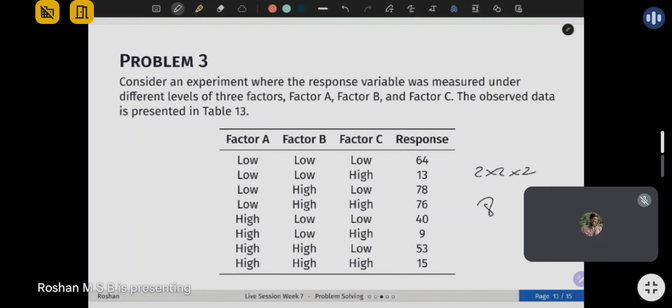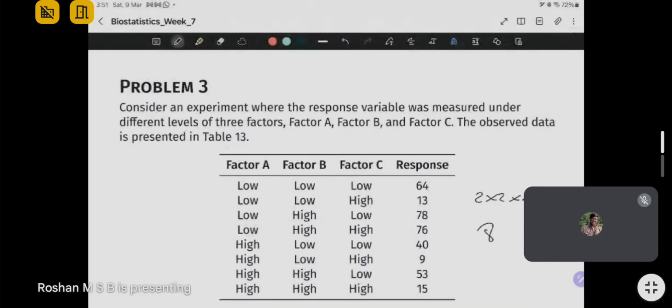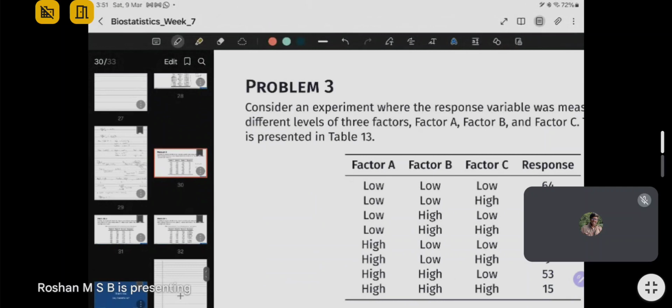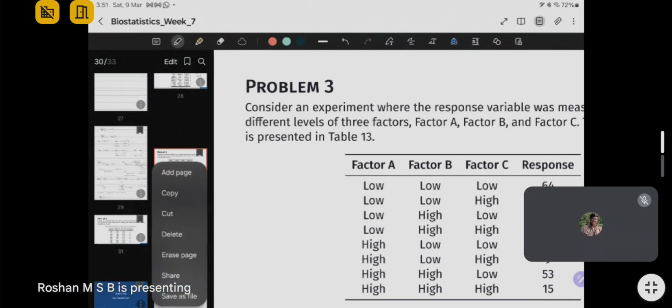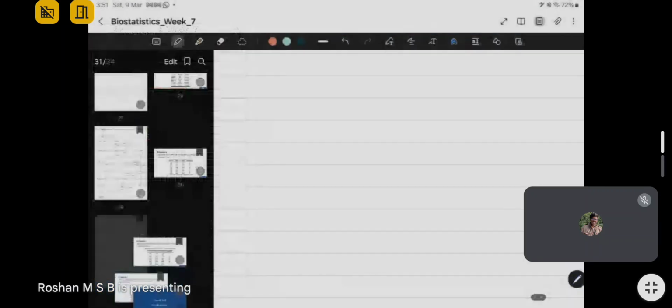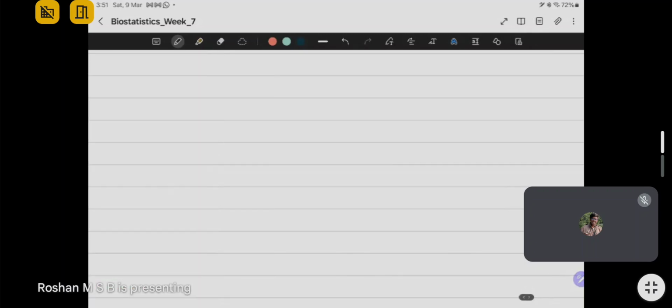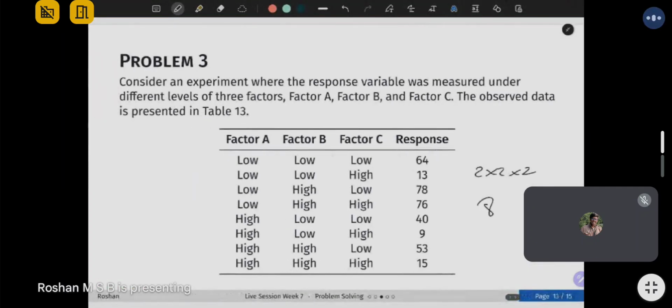You have an effect for A, B, C separately. You have AB, BC, CA separately, and ABC. So 7. This is the data. You can solve it.